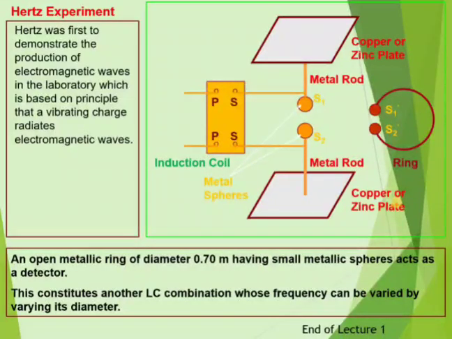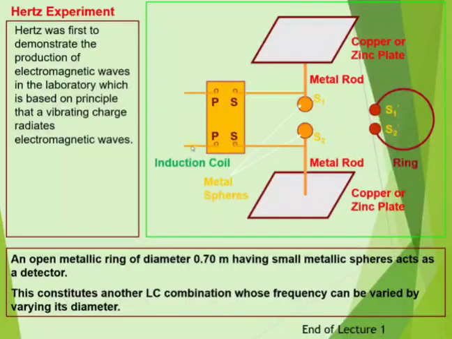These are placed in the same vertical plane with their centers separated by a few centimeters. The plates are connected to thick wires ending in highly polished brass spheres. The distance between the two spheres is nearly 2 to 3 centimeters. Two thick wires are connected with the secondary terminals of the induction coil.